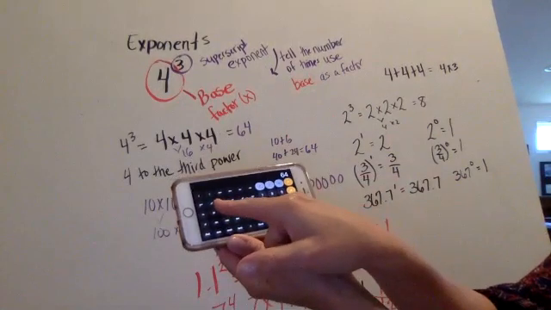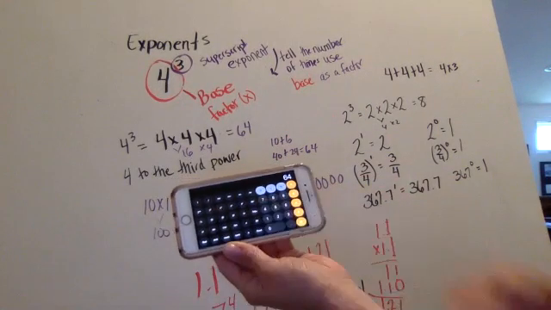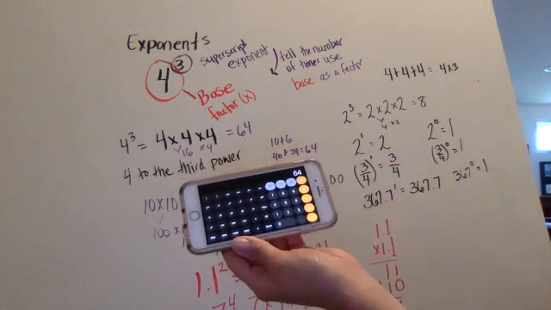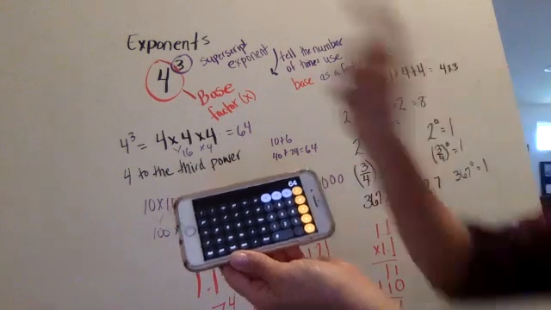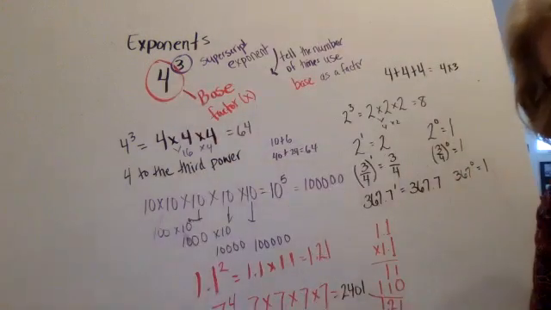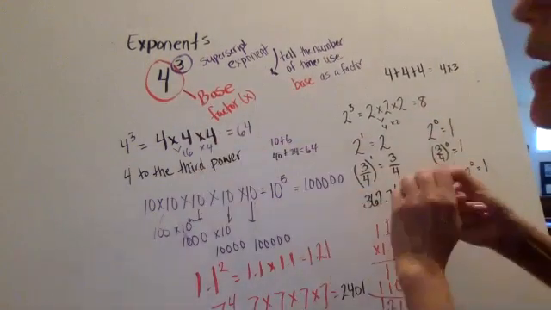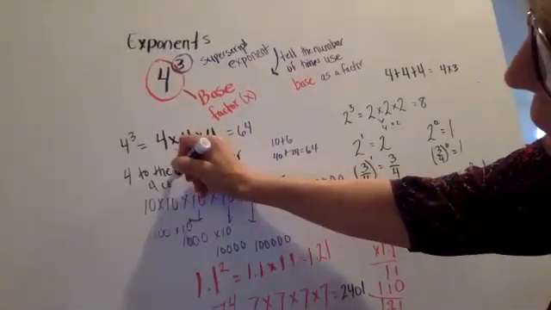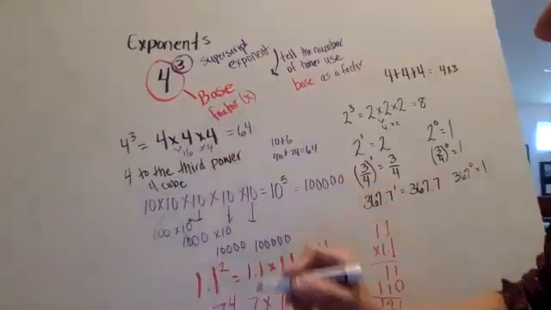And you see it already has buttons like x squared and x cubed, the 2nd power and the 3rd power. Again, 2 and 3 have some side names. I can say it's to the 3rd power, or I can say it's cubed. Why? Because a cube has 3 sides that would be the same.